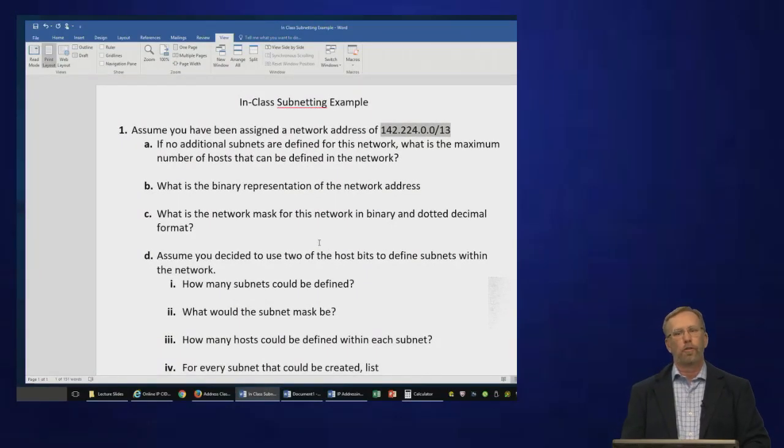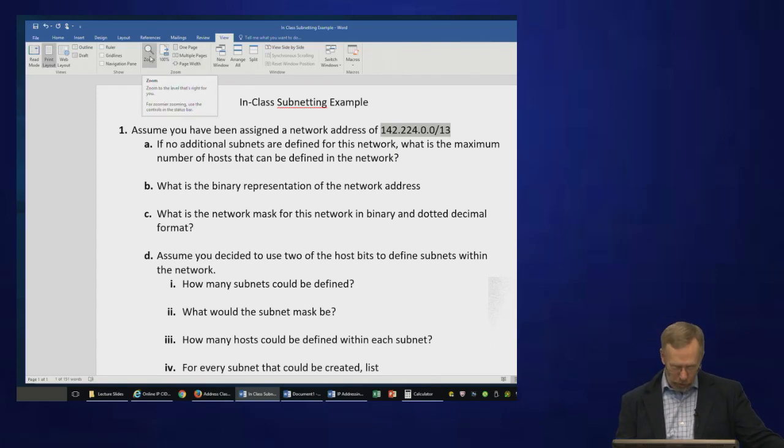There, you can get it all on the screen. So, looks like I can maybe go up just a little bit. No, I'm not going to, because it's going to cut off the right-hand side. Hopefully that's readable to you.